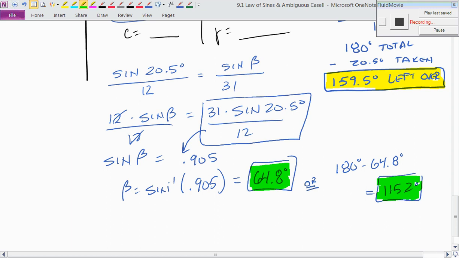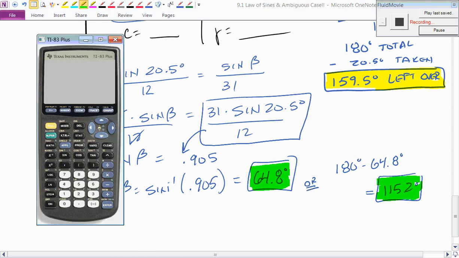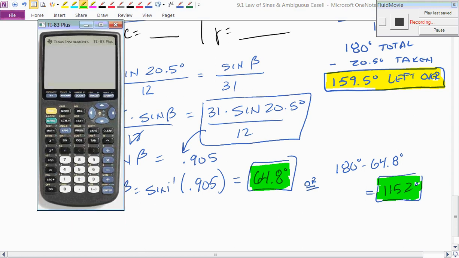Because it is the angle in the second quadrant whose sine is 0.905. Let me show you what I mean by this. There are two angles out there in the world whose sine is 0.905. If I take the sine of 64.8, look what I get.